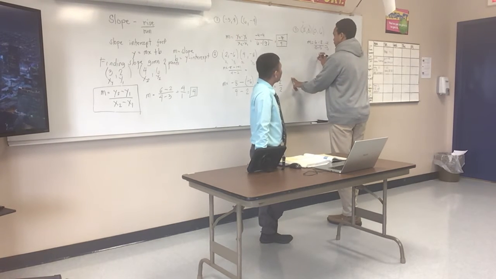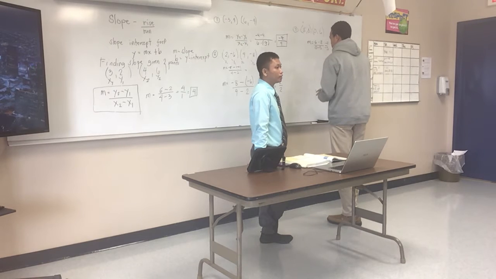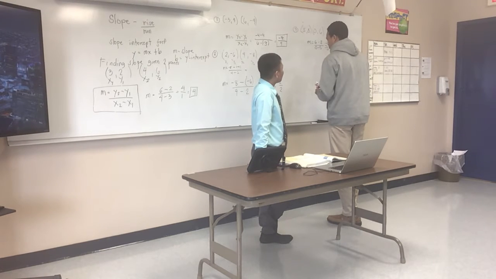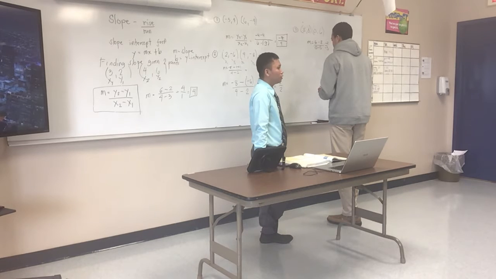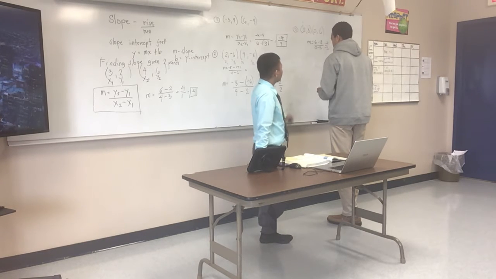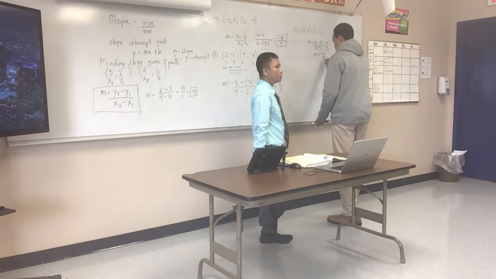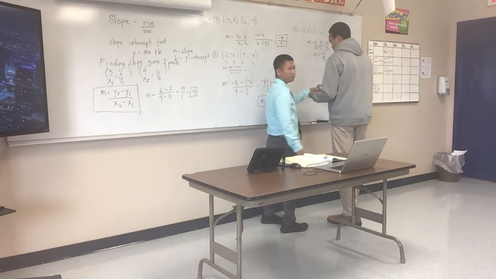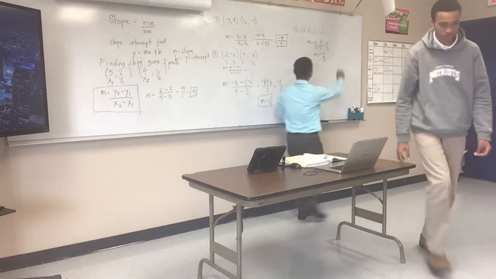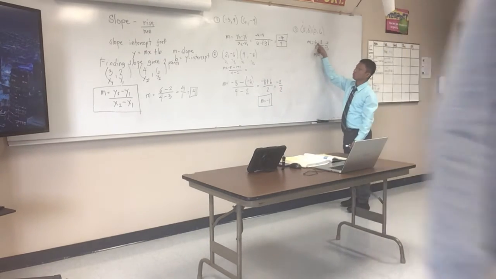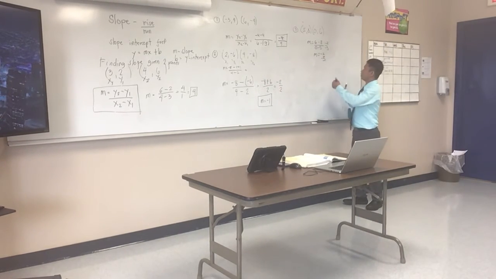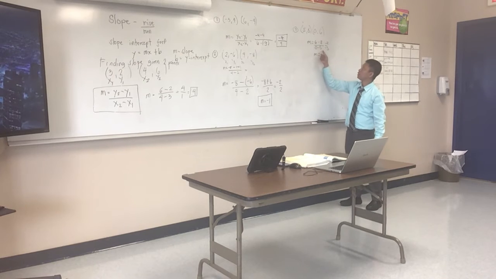Zero minus 5, that's negative 5, right? So what would be your answer? Negative 2 over negative 5. As you can see, 6 minus 8, we have negative 2. 0 minus 5, we have negative 5.